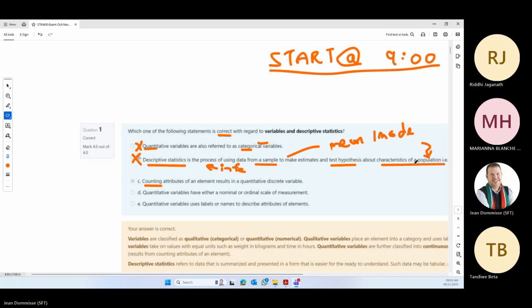Okay. Counting attributes of elements results in quantitative. Okay, so why can that be?